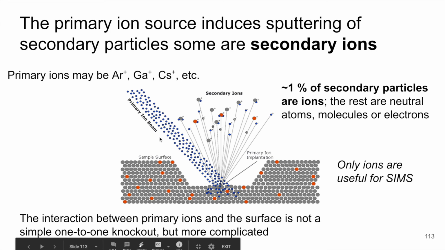So this primary beam, how it interacts with the surface to actually cause the sputtering, because there is obviously a simple interaction of the primary ion hitting the surface, and you get what's called a 1-to-1 knockout, right? One ion causes the emission of one particle. But actual interactions tend to be very much complex, and so we want to talk about that in the next section here.